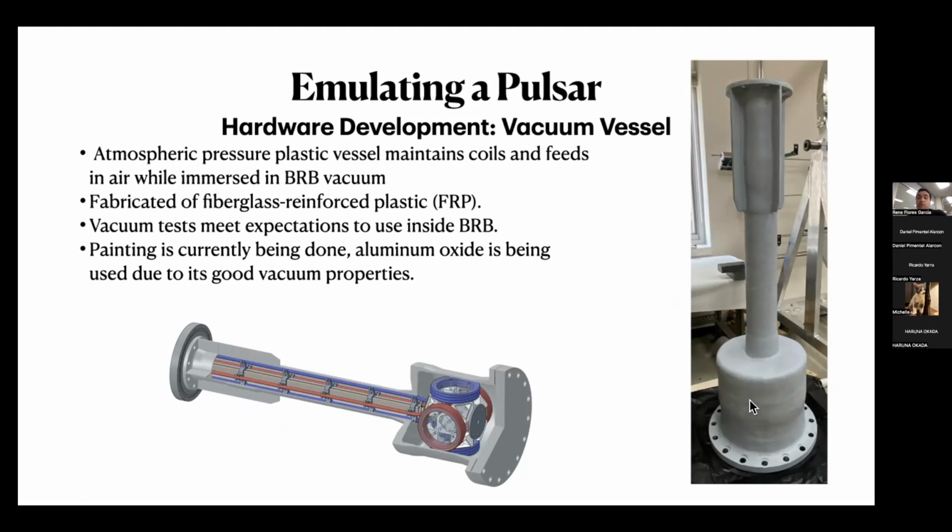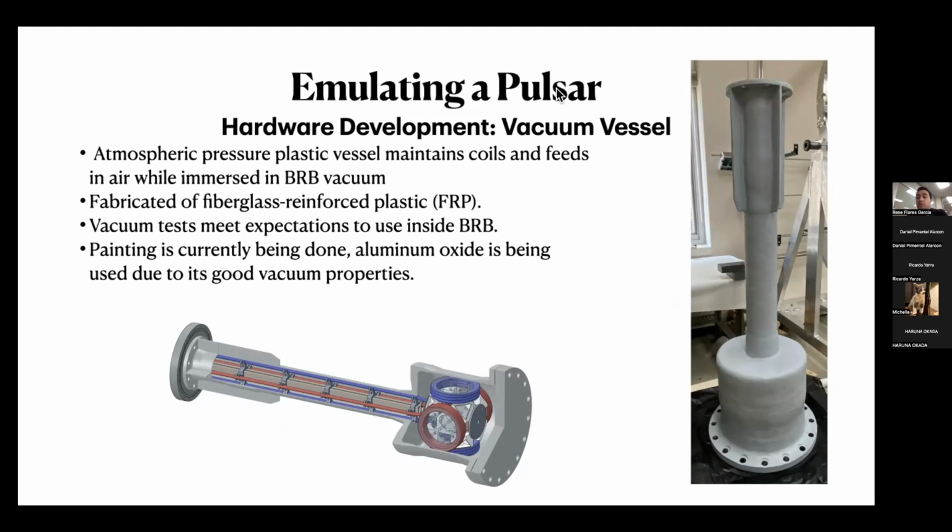The reason we chose fiberglass reinforced plastic is that we did some vacuum tests to see, even though this is a plastic, whether some of the air might go from the inside to the outside. There might be something in which the molecules pass. So we want the material that allows us to contaminate our plasma environment inside BRB less.